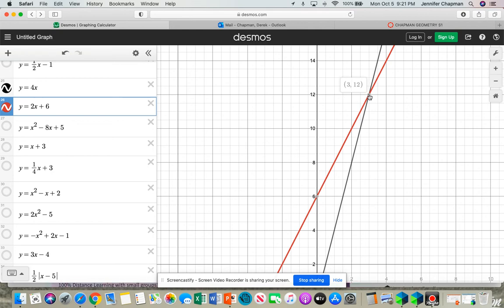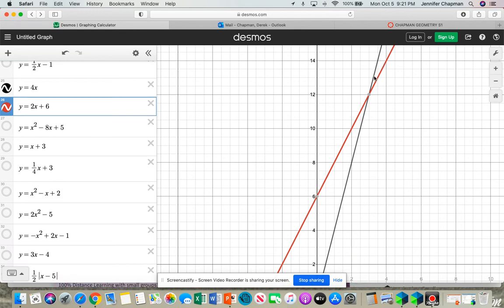But remember what the question they asked is, when is she going to be ahead of Cindy? When is Tamara going to be ahead of Cindy? So that's after this point. As soon as you pass x equals 3, that's when the black line is above. That's when the black line is greater than the red line.